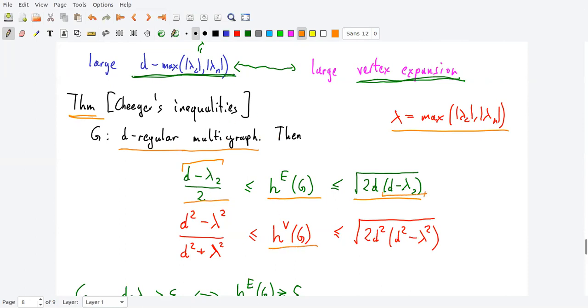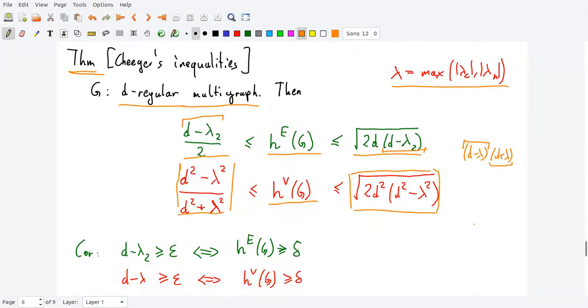Similarly, the vertex expansion is sandwiched between this expression and this expression. And here you always see d squared minus lambda squared, which you can also write as (d minus lambda) times (d plus lambda). This is just something between d and 2d. And here, this is exactly the absolute spectral gap.